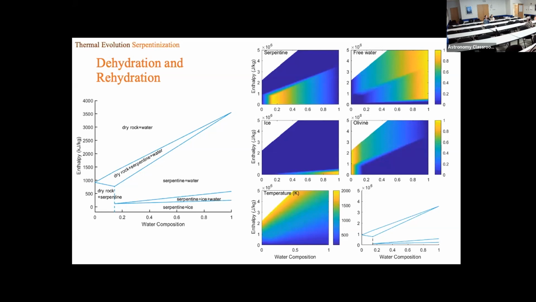When it's cold, we have a combination of dry rock and serpentinite and also water. Within this triangle in the middle, the temperature is the same; it is a constant. And when it drops down, we have different branches of dry rock with serpentinite, or serpentinite with ice.